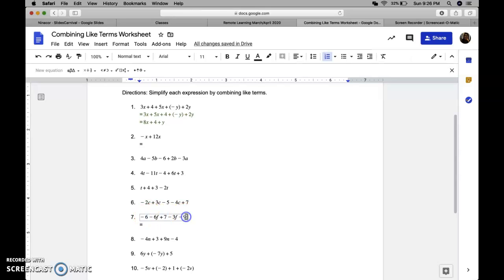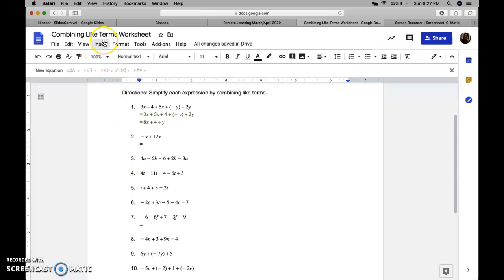Now, with this one, I have negative 6, 7, and minus 9. Those are like terms. They are called constants. When a number doesn't have a variable next to it in an algebraic expression, we call those constants. And constants can be combined.